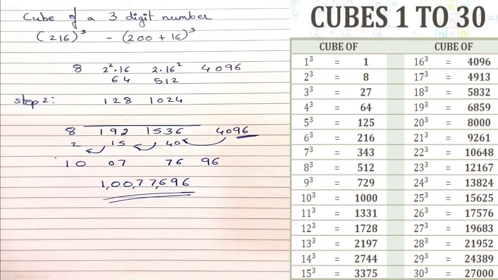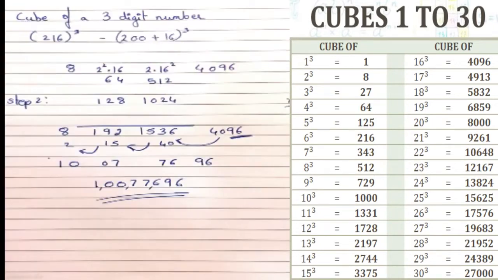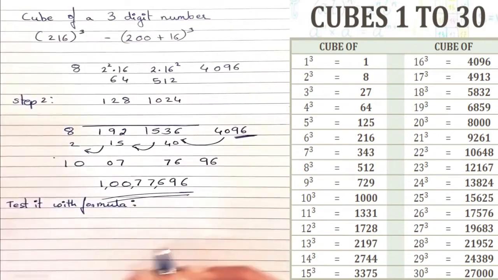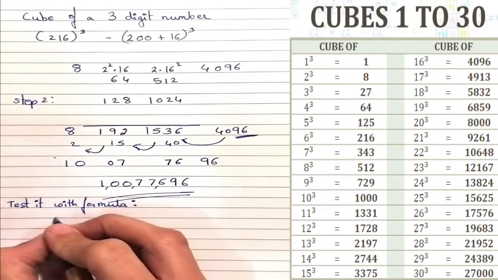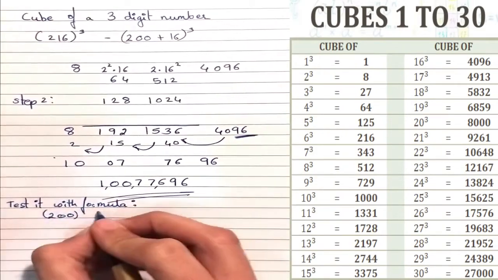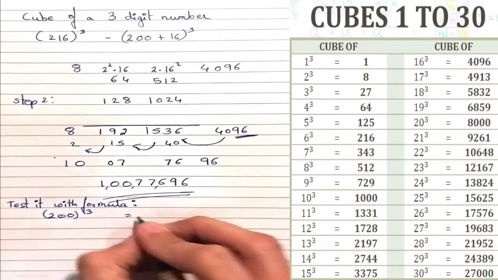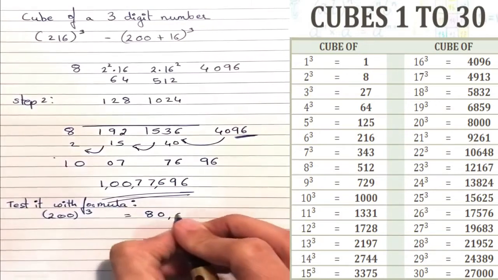So if we are taking the cube of a 3-digit number, we are going to retain 2 digits and carry over the rest. And if we are taking the cube of a 2-digit number, then we are going to retain only 1 number and carry the rest. Is that clear? Now let's test it with our formula. So we have a cube, which will be 200 cube.